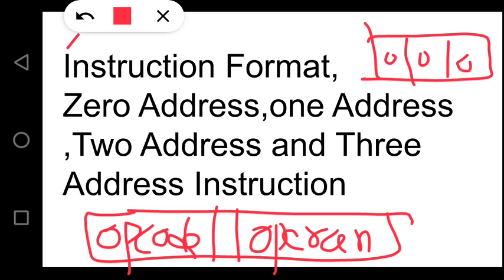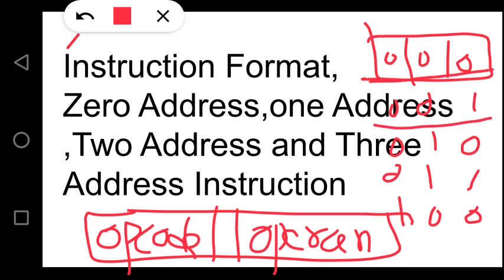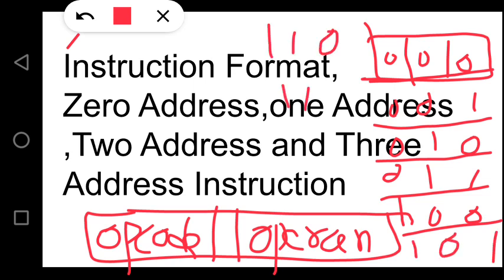The minimum number is 000, 001, 010, 011, 100, 101, 110, 111. So the total is 8.